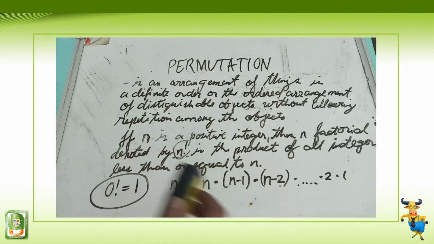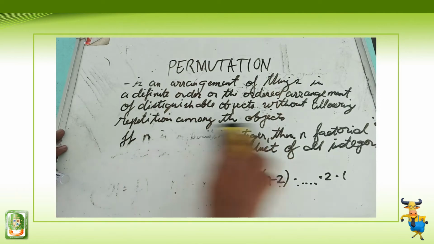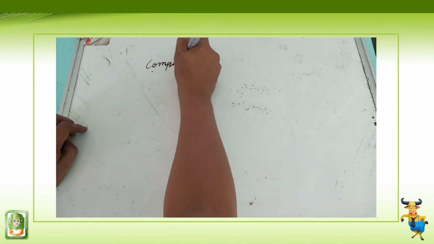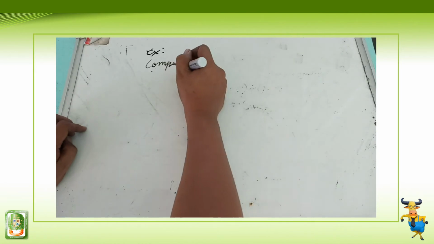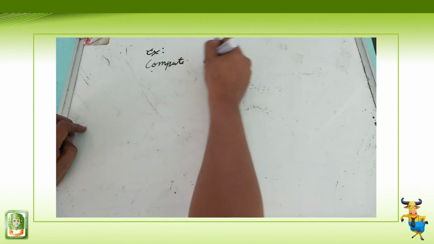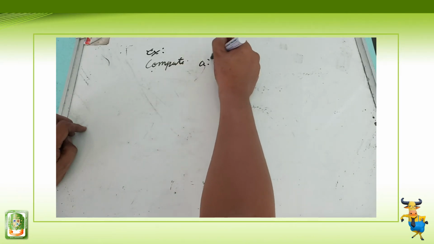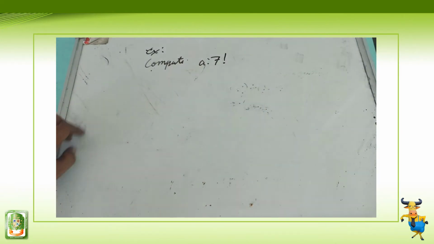I'll give you an example of permutation. For example, compute 7 factorial.